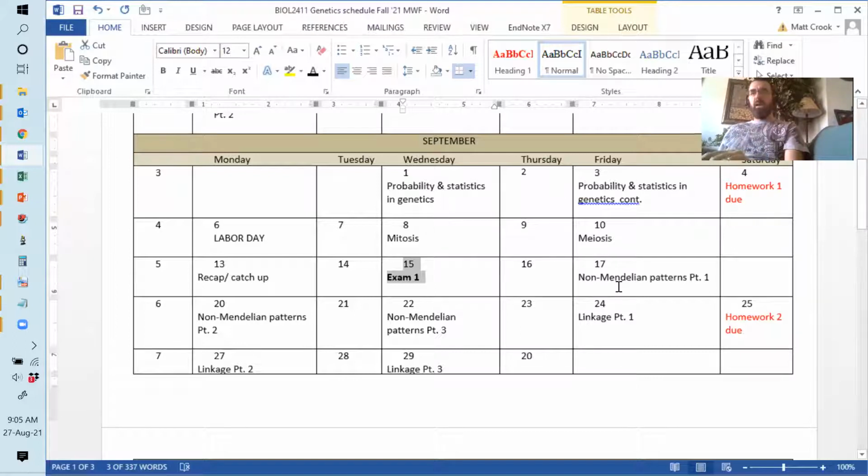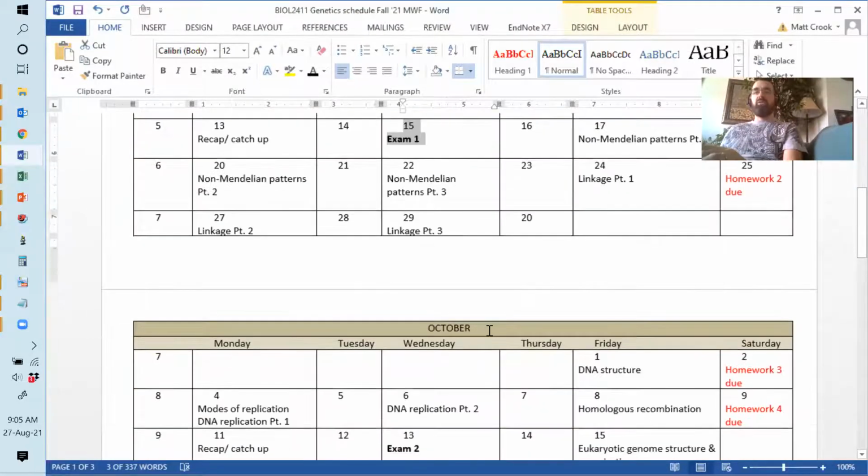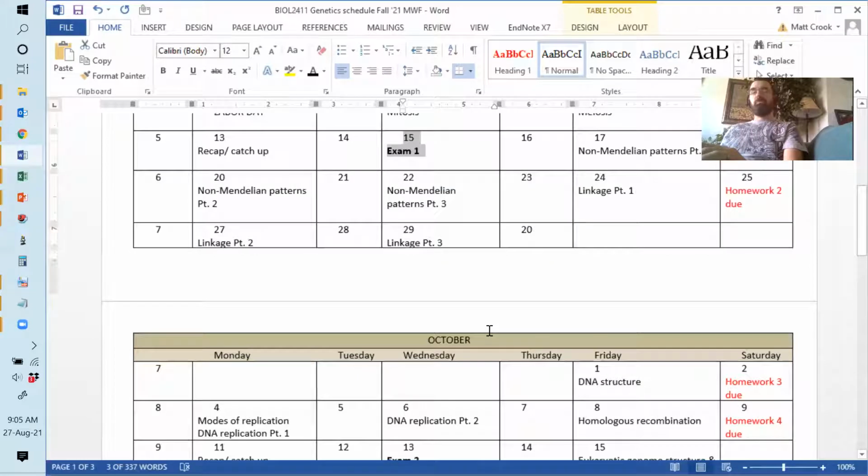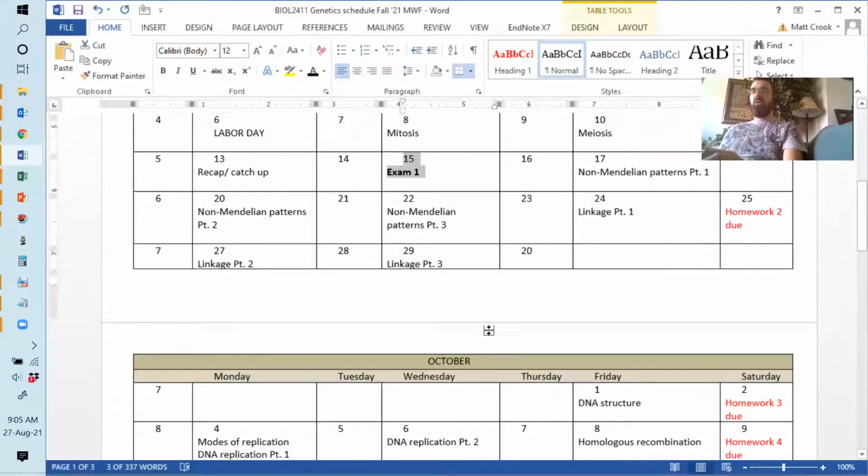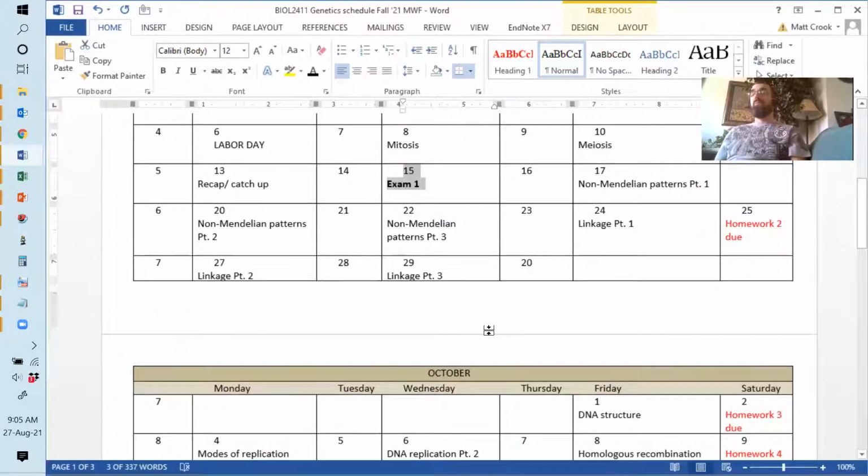And then we've got some cell division, which is pretty important to understand the underlying basis of some of the stuff that we're looking at in terms of transmission genetics. And then we have a whole section, pretty much two-thirds, half of the next section, which is going to be on non-Mendelian inheritance.